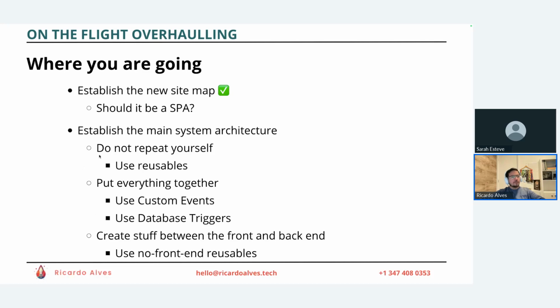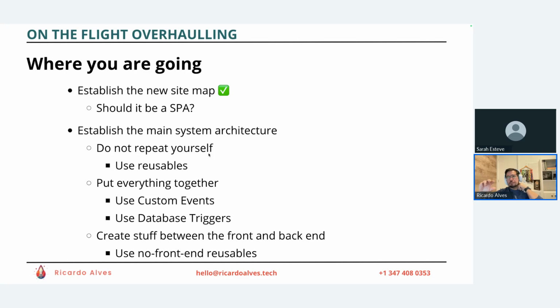Do not repeat yourself. So you should use reusables every time. What it means is, basically, if you need to do the same stuff twice, create a reusable. But when creating that reusable, don't do it with the view of the specific application.